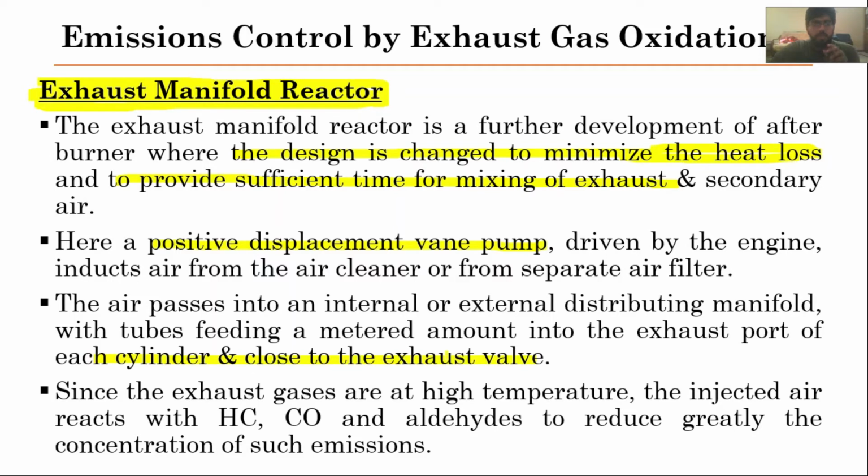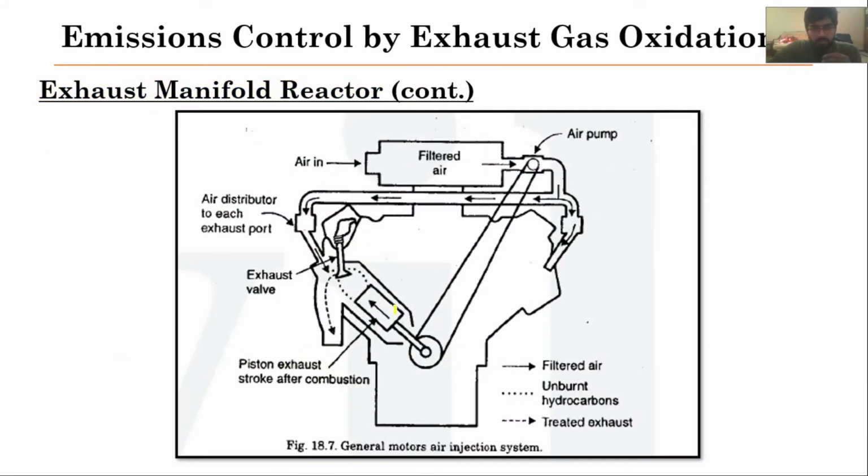Here you can see in this diagram that these exhaust gases are coming into the exhaust manifold, and in this exhaust manifold additional air is being fed by this vane pump. And this mixing is not only occurring in one cylinder, but it is happening in all the cylinders of the engine.